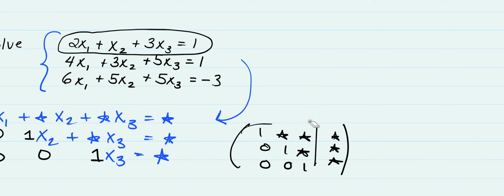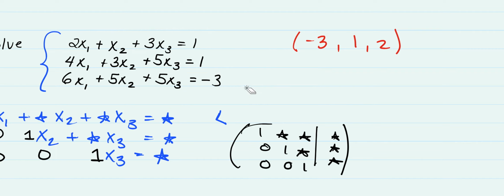So our solution, which was -3, 1, 2, is a solution to this system. And you can check it. You can plug in all of the numbers here, and you can see that you get a true statement for each one of these lines. So this is our system. We got one solution.